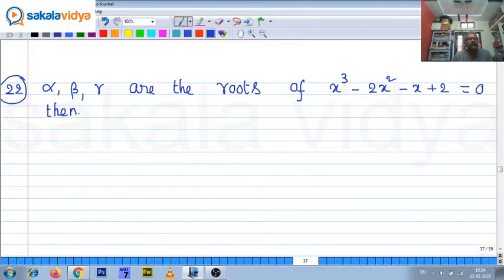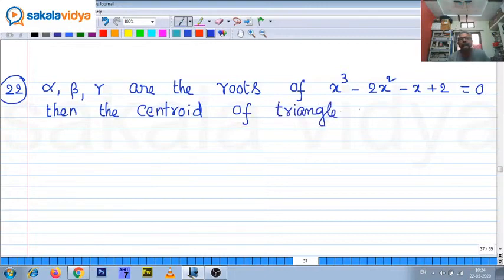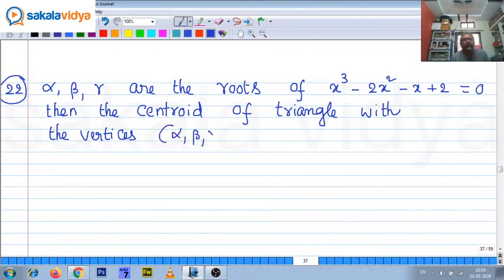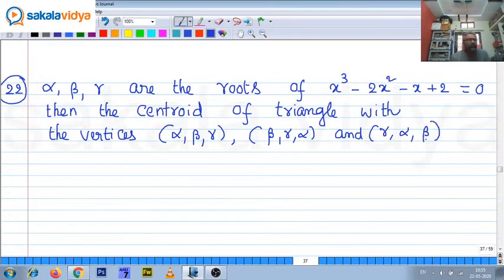Then the centroid of the triangle with the vertices (alpha, beta), (beta, gamma), (gamma, alpha) is, this is the question.